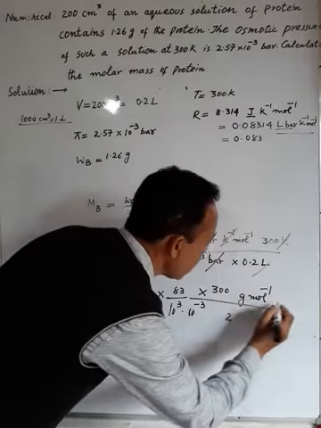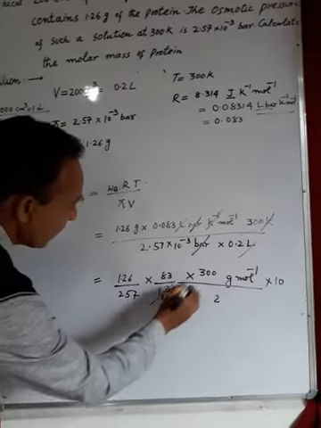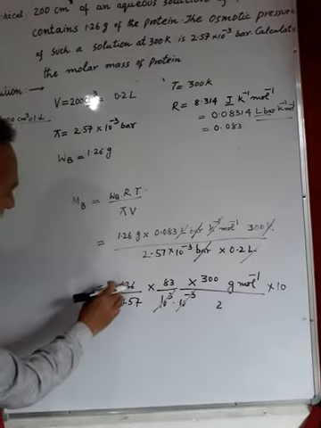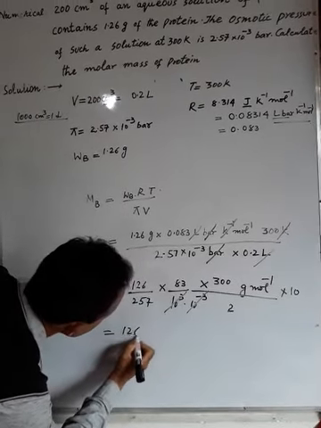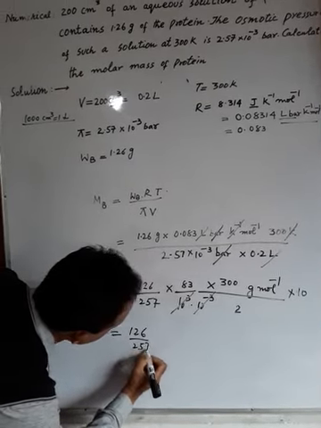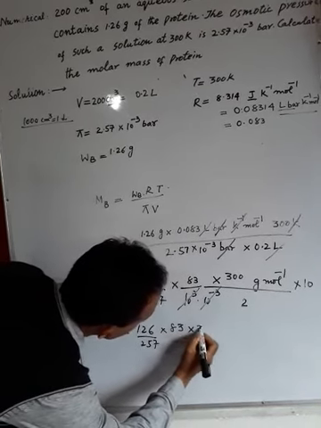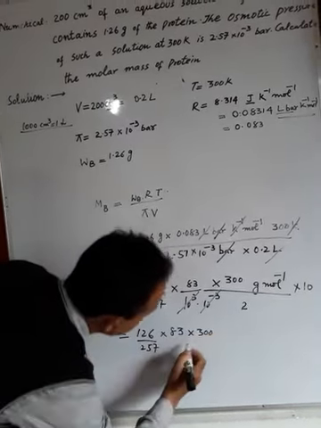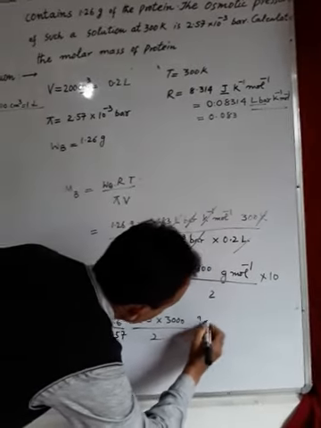We take the 10 up, so this will cancel, the decimal also cancels. Now 126 divided by 257 into 83 into 3000, this 10 divided by 2. Then we will solve it.